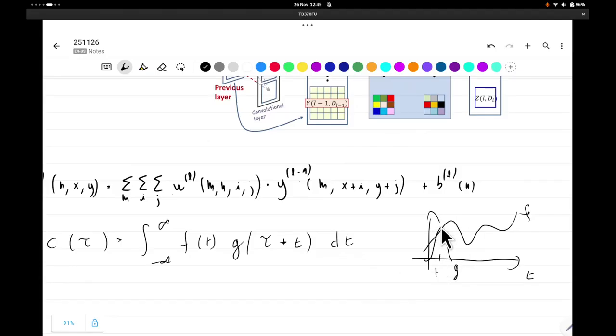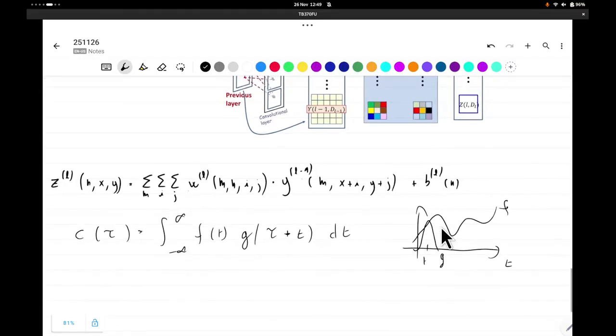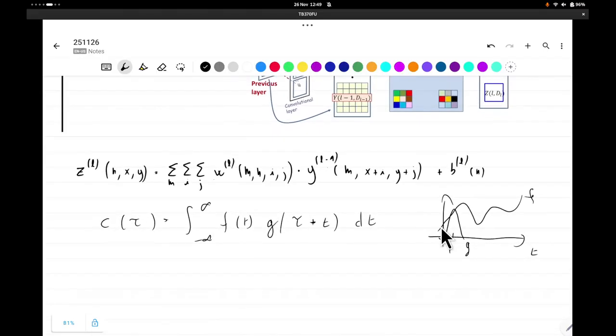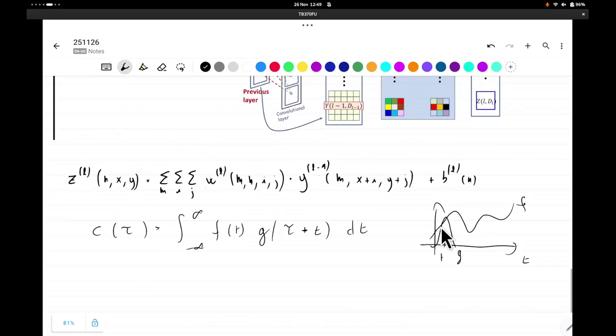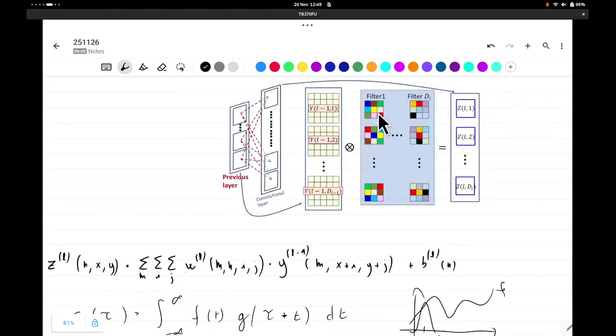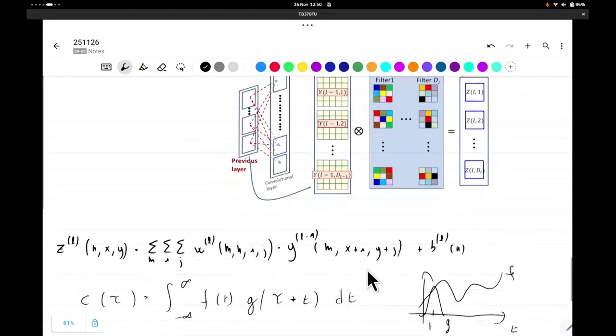So this is what is called the convolution in mathematics and physics, and the convolutional network is doing essentially the same. Each neuron is taking the convolution of this filter with the input of the previous layer. Right.